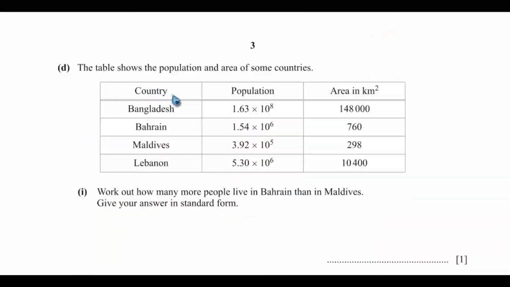The table shows the population and area of some countries as stated in the table. Work out how many more people live in Bahrain than in Maldives. Give your answer in standard form. If you look at Bahrain, it is 1.54, that is this, times 10 to the power of 6.